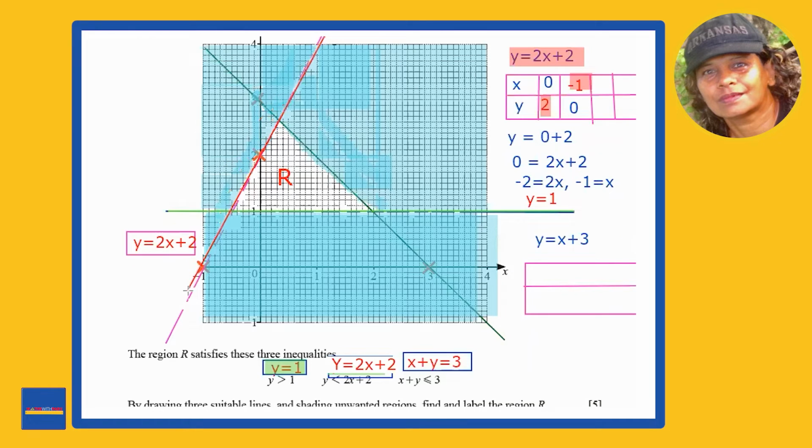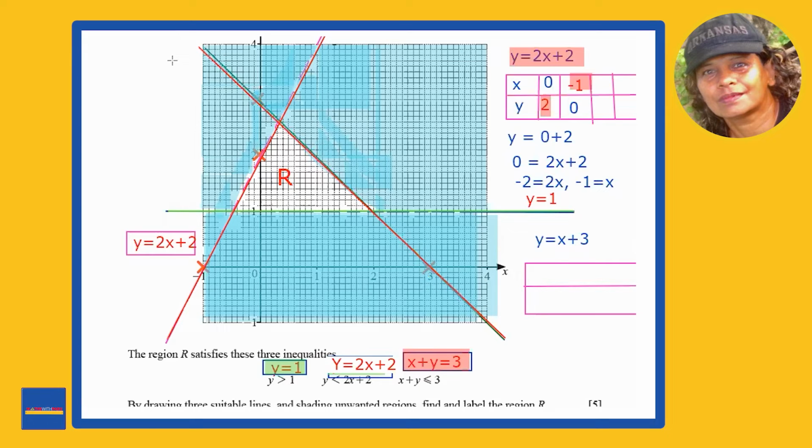Now remember that it's an inequality, so later on I'll make it dotted. Then we go on to x plus y equals 3. That simply means it's a line that cuts 3 on the x-axis and 3 on the y-axis. So we have these 3 points.